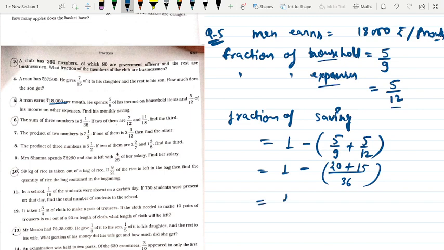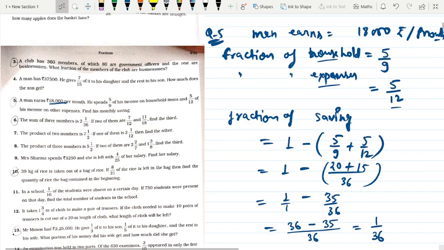Now just 1 minus 35/36. So when we solve, 36 will be in the denominator, 1 times 36 minus 35. So the fraction of the saving is 1/36. All right.